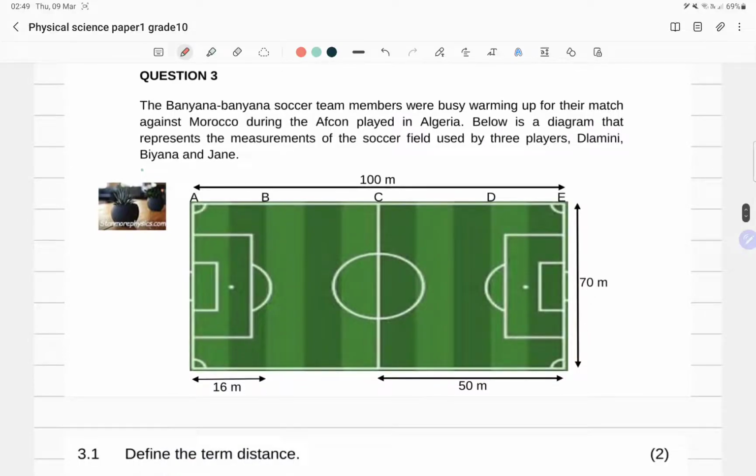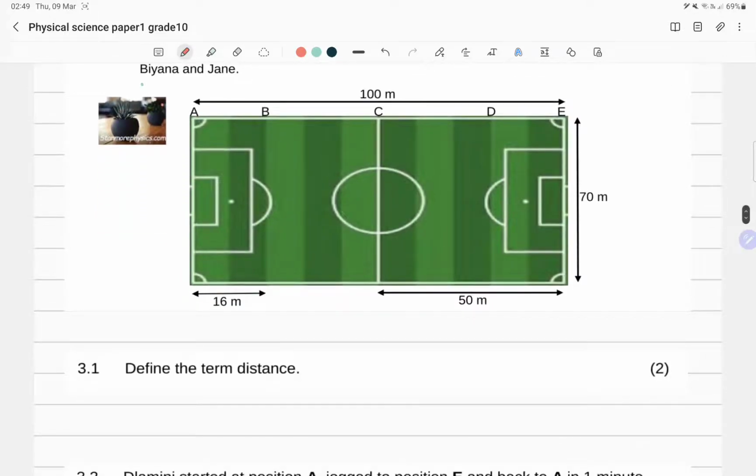We can see that the length of this field is 100 meters, and from one end to the center is 50 meters. The breadth is 70 meters, and from one end to the 18 yards is 60 meters.